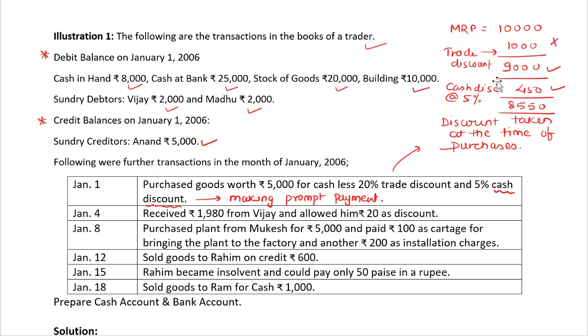Let's move ahead. On January 4, we received 1,980 from Vijay. Who is Vijay? Vijay is our debtor. We could have received 2,000 from Vijay, but we have received only 1,980. But we had allowed him 20 as discount, so it's fine.